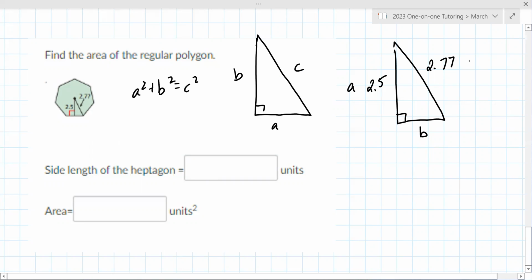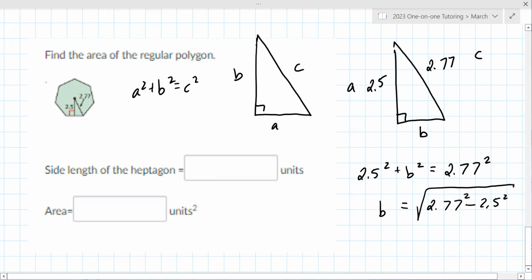Notice you're given a and c, but not b, so you're gonna have to manipulate the equation a little bit. 2.5 squared plus b squared equals 2.77 squared. So to solve for b, you subtract that 2.5 squared, and then you take a square root. If you got a calculator, you can do this all in one step. You don't have to do them in pieces.